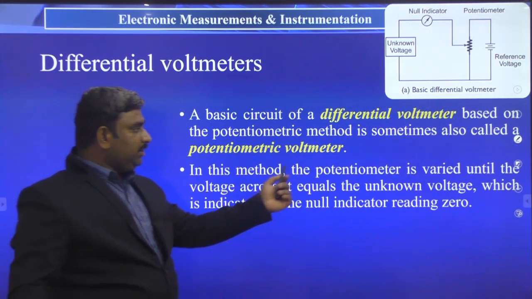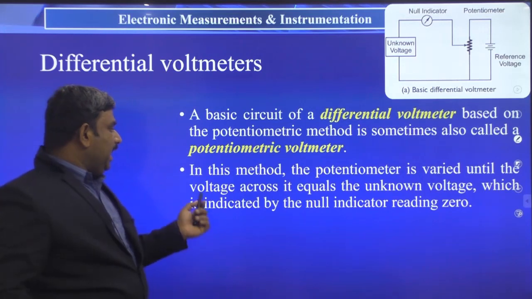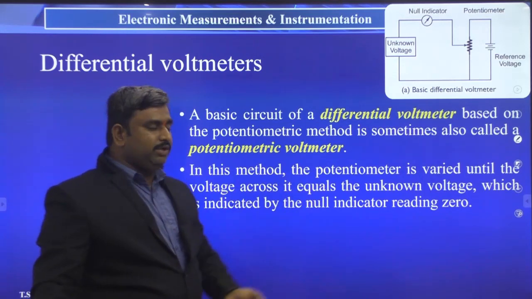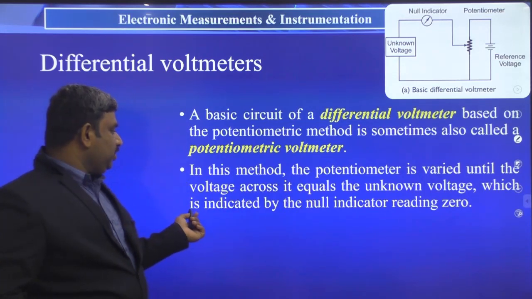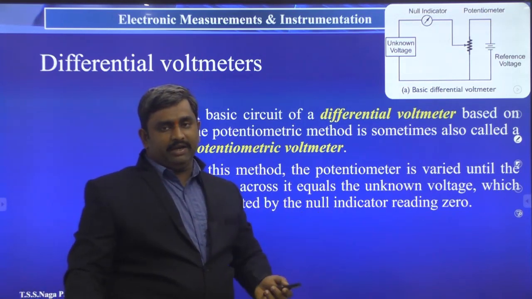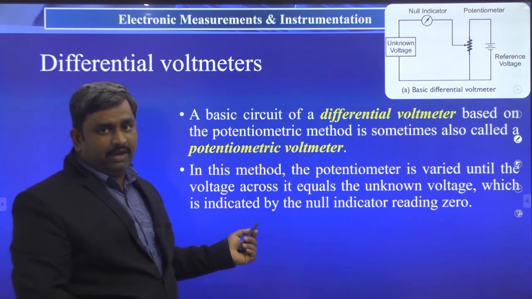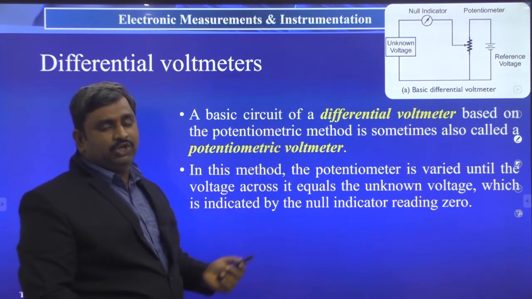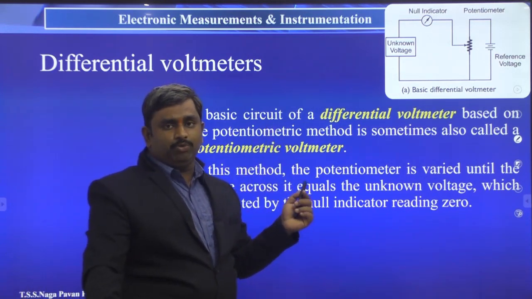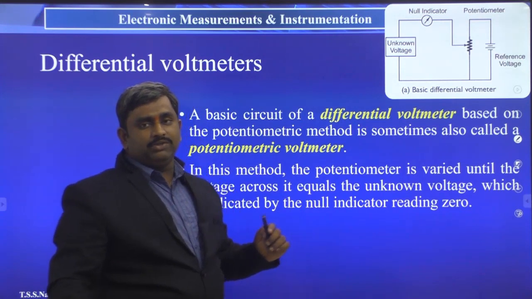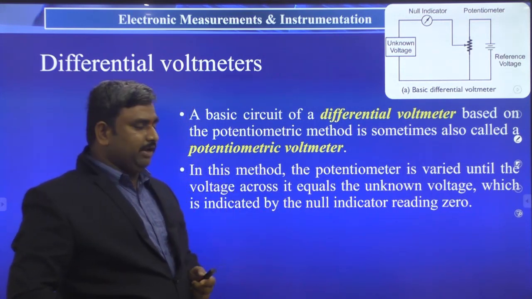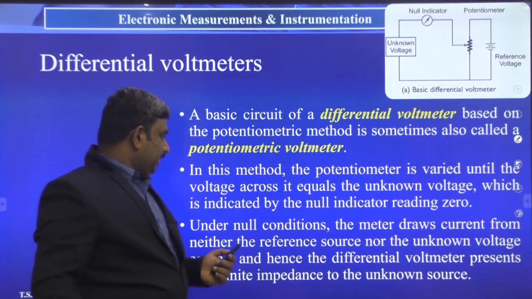In this method, the potentiometer is varied until the voltage across it equals the unknown voltage, which is indicated by the null indicator reading 0. We vary the reference voltage using the potentiometer until we get 0.